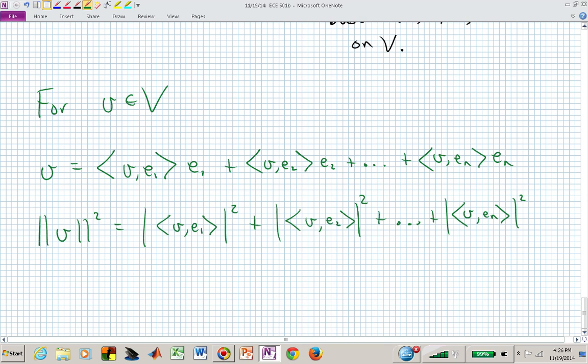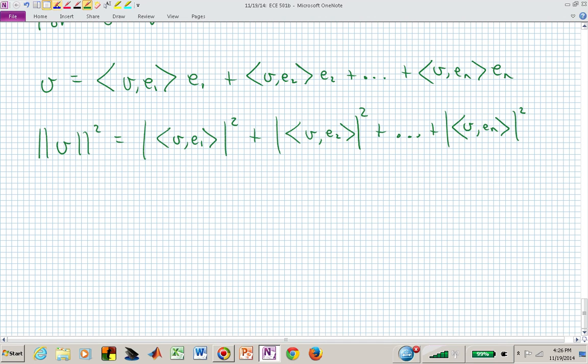What if we now do that for this same little v, but now operated on by this matrix capital S, or this operator capital S? So let's do the same thing for SV.